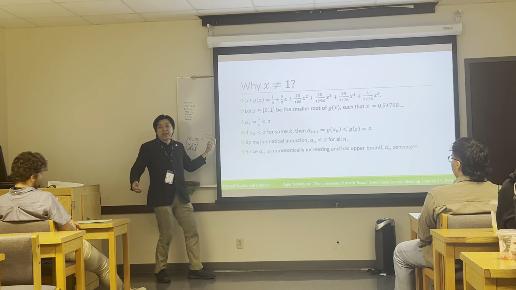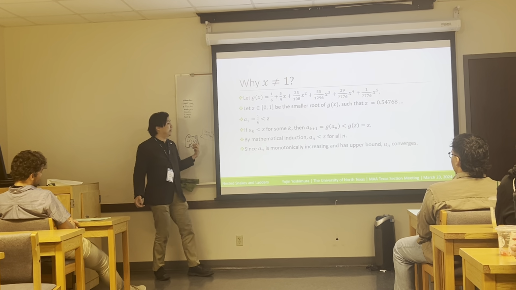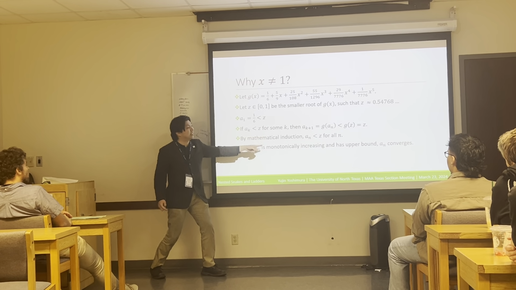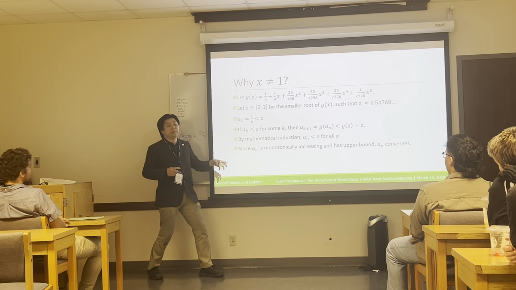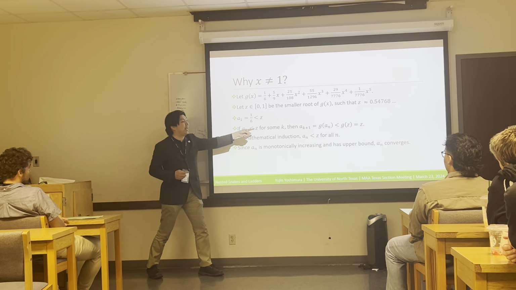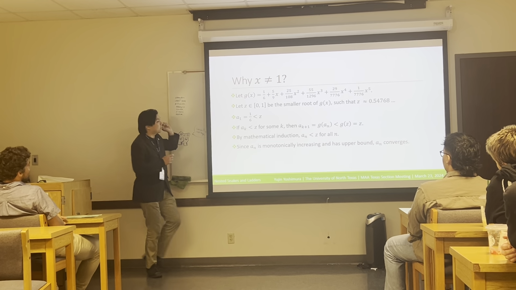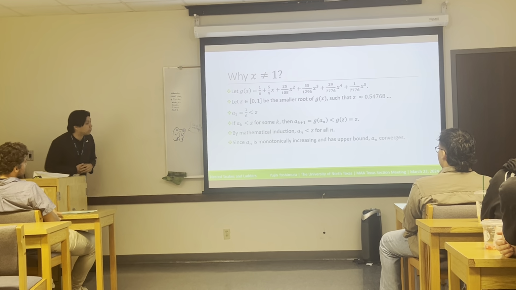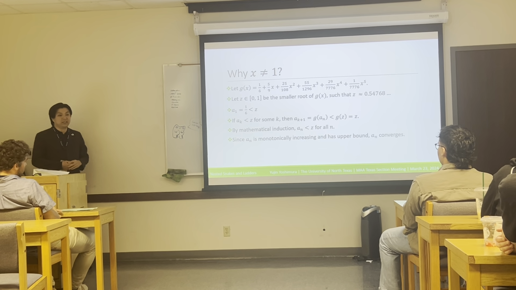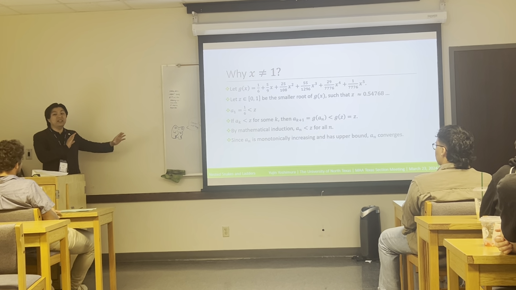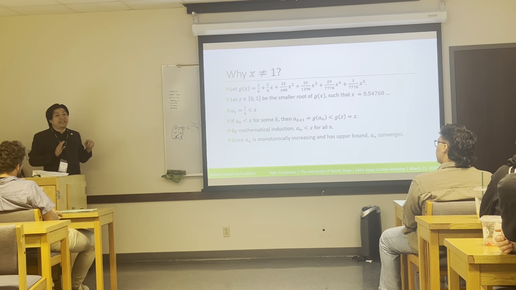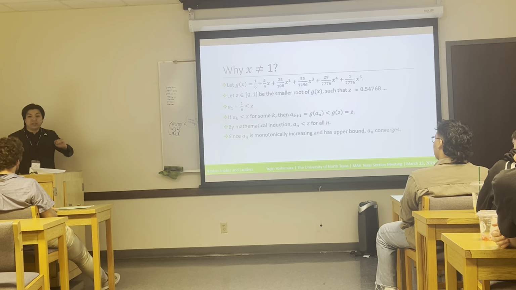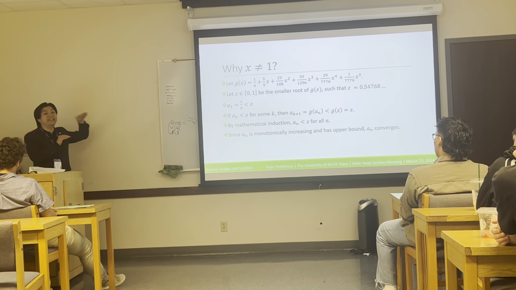If for some k, a sub k is less than z, then the next one should also be less than z, because a sub k plus 1 is g of a sub k. I'm sorry for the typo. That is less than g of z, which is z. So by mathematical induction, all of the probabilities must be less than z for all n. In other words, a sub n is monotonically increasing and it has an upper bound.